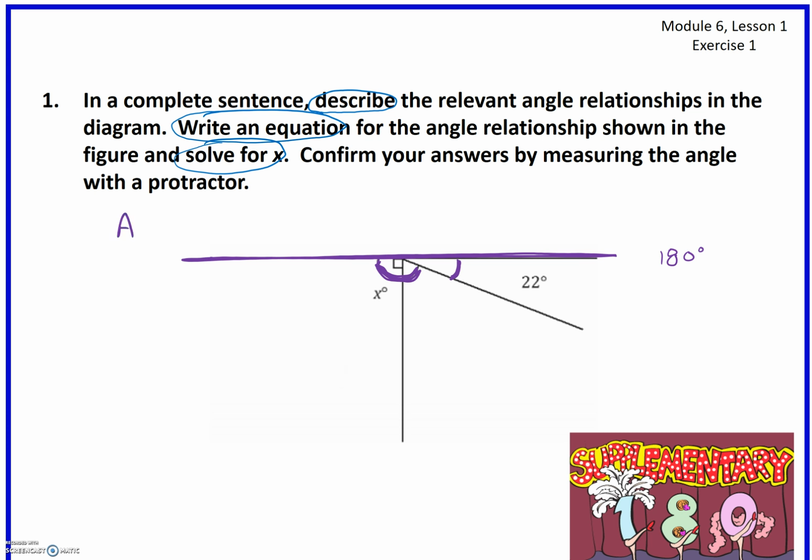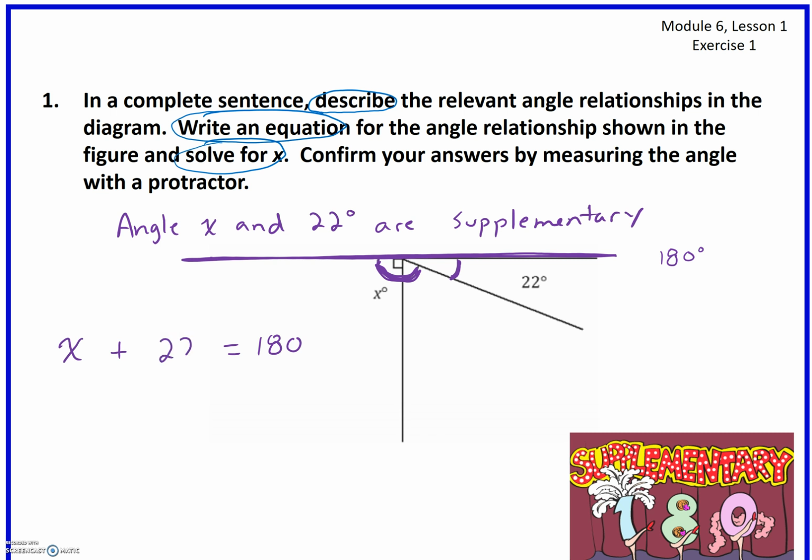In words, we can describe this as angle x and 22 degrees are supplementary, which we previously know that they will add up to 180 degrees. So x plus 22 equals 180. We'll take a minute to solve that equation. Subtract 22 from both sides. And we have found that x equals 158 degrees.